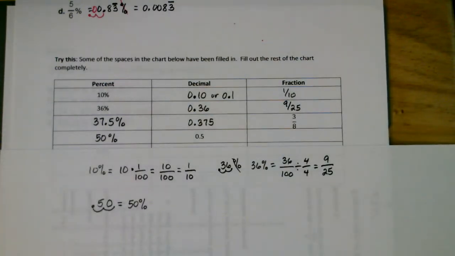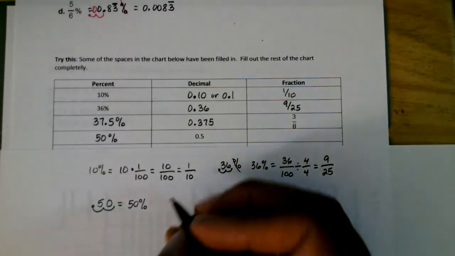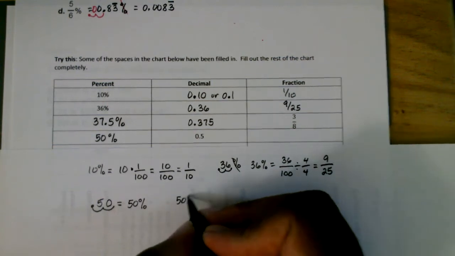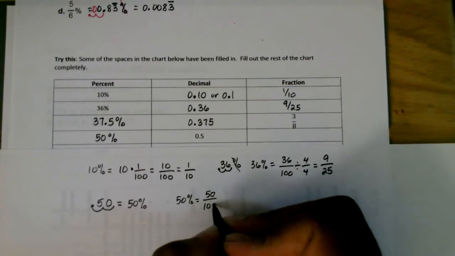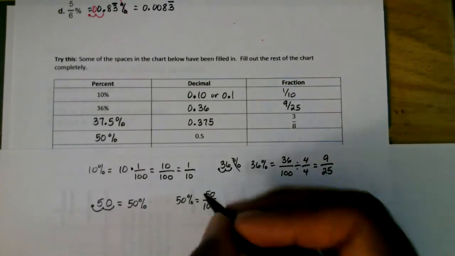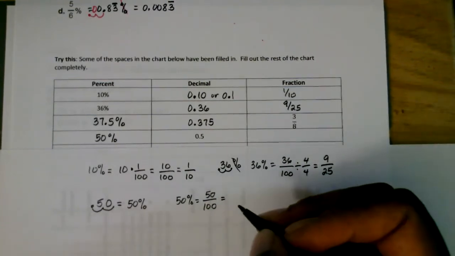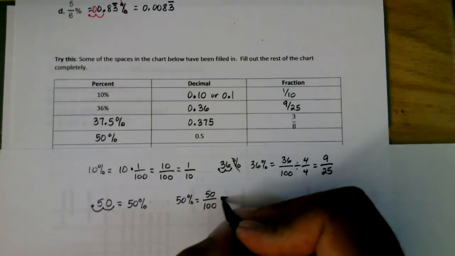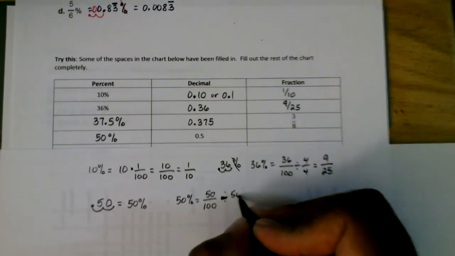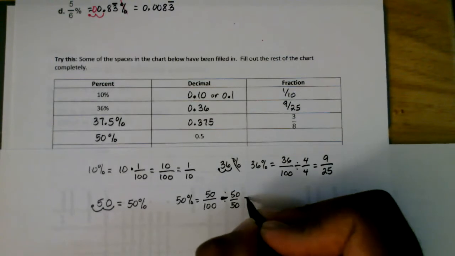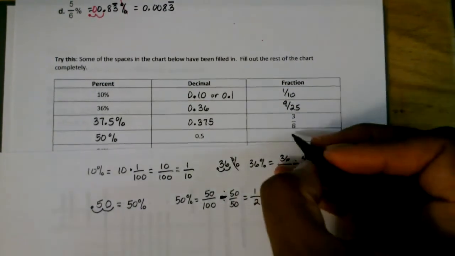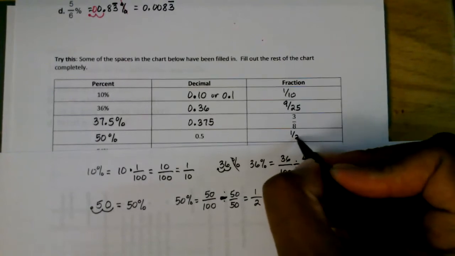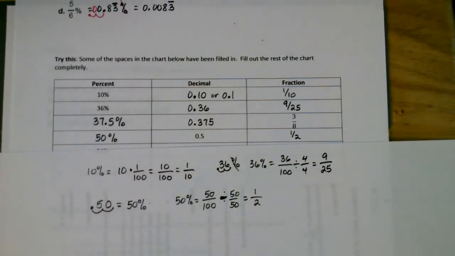And then as a fraction, well, 50% means 50 over 100, because percent means n over 100. And then 50 over 100, we can reduce by dividing the numerator and the denominator by 50. So 50 goes into itself 1 time, 50 goes into 100 2 times. So as a fraction, 50% is 1/2.